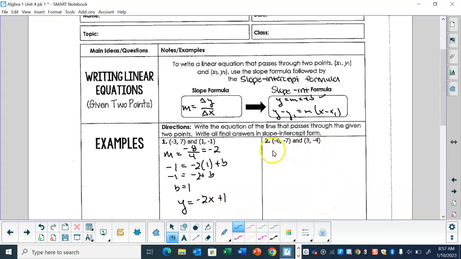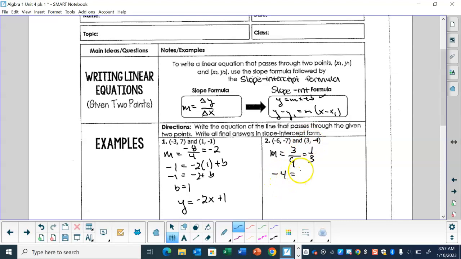Okay, let's do one more. Given two points, the first thing I have to do is find my slope, m. Changing y to go from negative 7 to negative 4, it's going up 3 spaces. To go from negative 6 up to 3, that's 9 spaces. So this is 1/3. Now I can pick either point. I'll pick the second point.